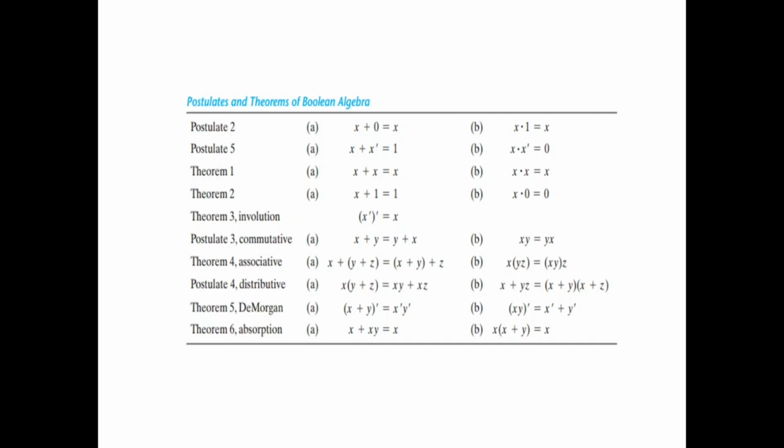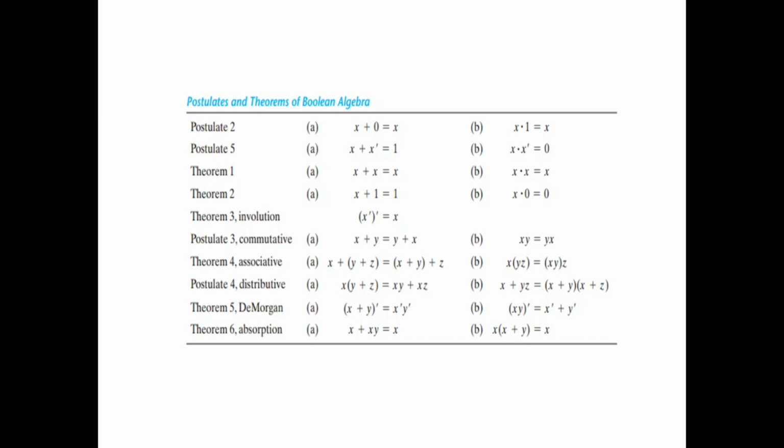Students, please remember this De Morgan's theorem. This is very much useful in solving the problems. So just remember theorem 5a and 5b. De Morgan's law is very much important in solving the problems. Next, theorem 6 is absorption.